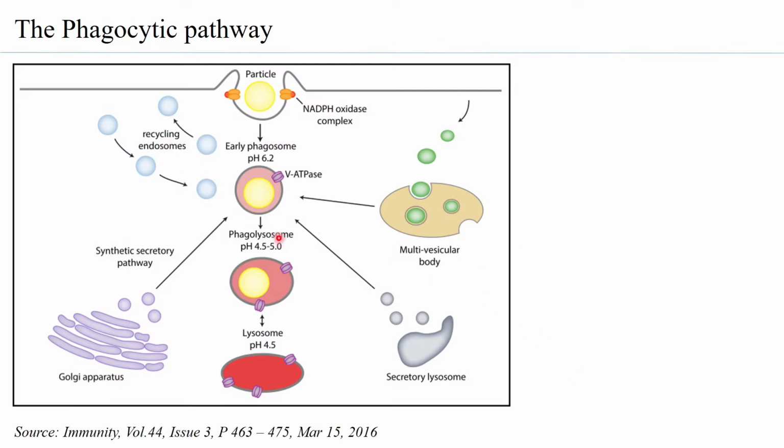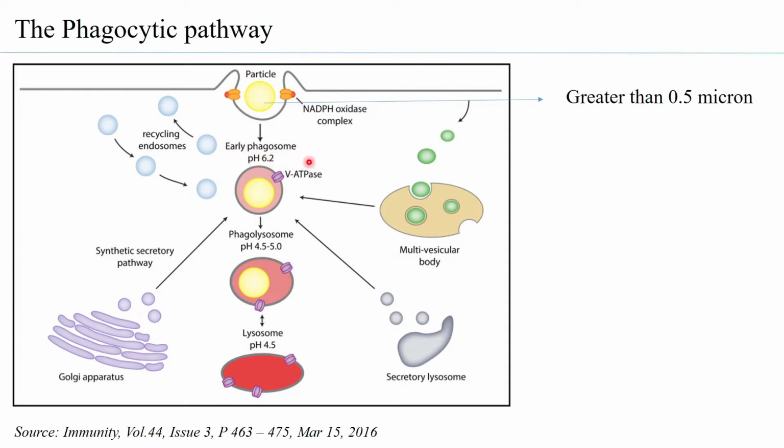Now, the phagocytic pathway per se is very simple. A phagocyte is able to form pseudopodia and engulf a particulate matter. Interestingly, phagocytes generally recognize particulate matter which is greater than 0.5 microns. As it forms an early phagosome, there is an NADPH oxidase complex associated with the early phagosome.